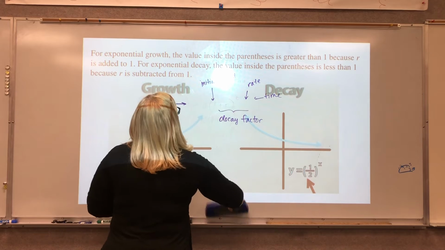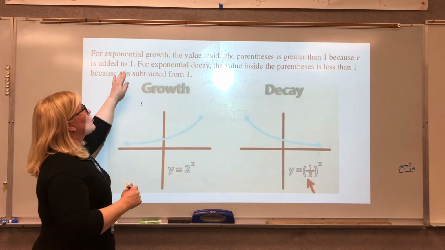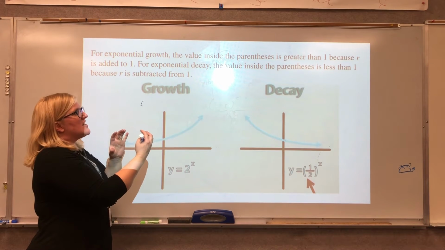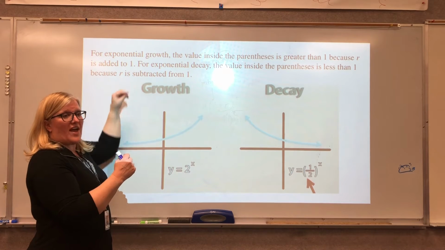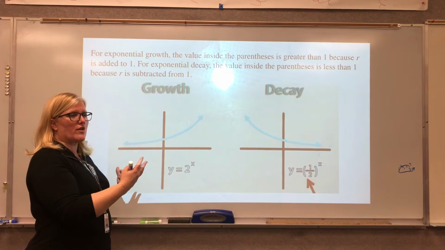So, I'll just read this really quick. It says, for exponential growth, the value inside the parentheses is greater than 1 because r is added to 1. So if I have 15%, I add it to 1, it's 1.15. So it's always going to be bigger than 1.